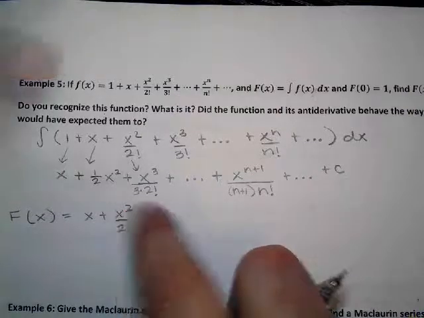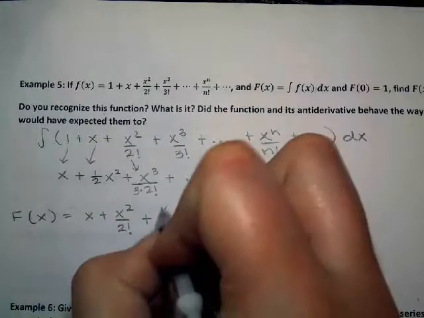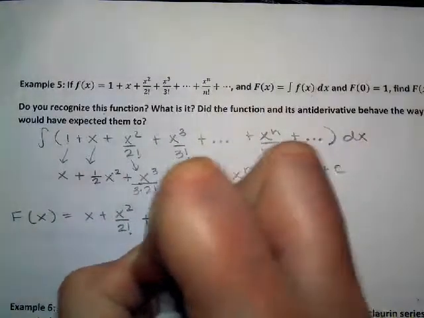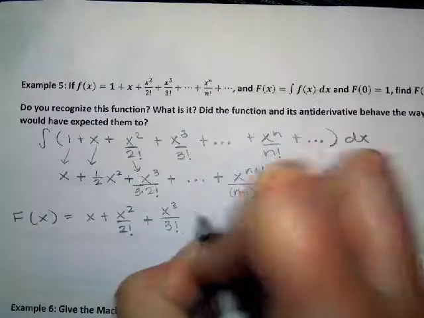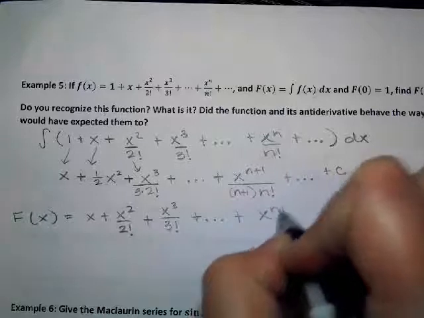So what we have here is x to the third over 3 factorial. And then we have x to the n plus 1 over n plus 1 times n factorial, which is n plus 1 factorial.